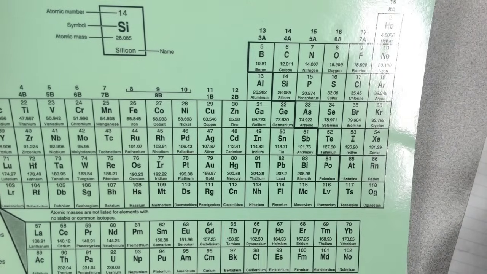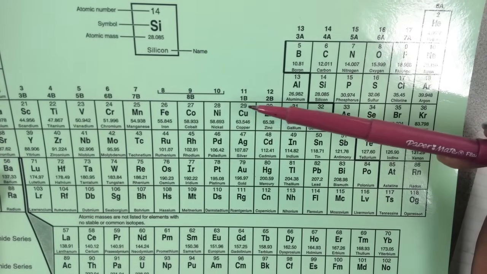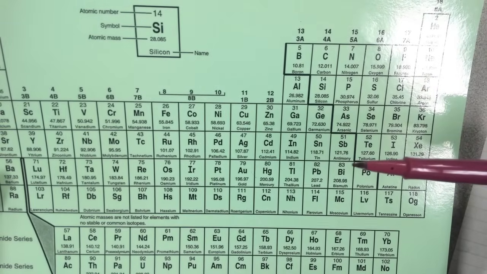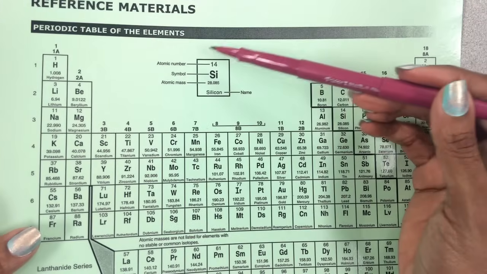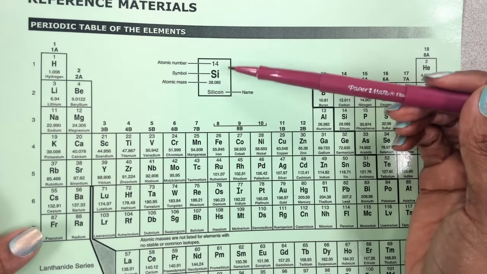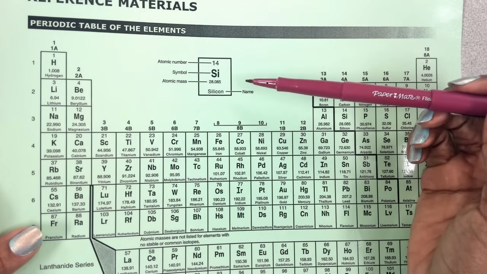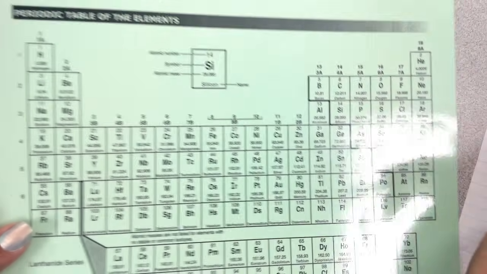For copper, atomic number is 29, so it has 29 protons, 29 electrons. If you get stuck, ladies and gentlemen, you can look at this example on your periodic table. It labels everything for you. So your atomic number tells you your protons and electrons, and this is the mass. So that's all the stuff in the center of the atom.